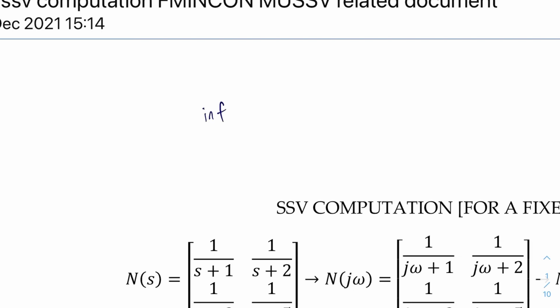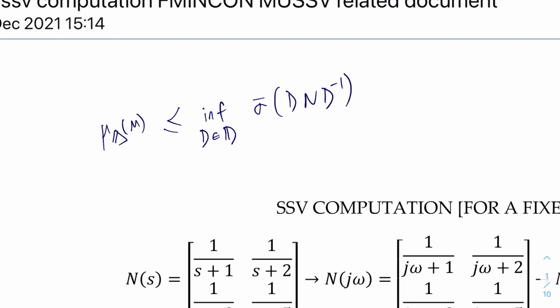Infimum over D in a given set D of D times N times D inverse, and this value is an upper bound of the structured singular value. I wrote M, but it's N, and there can be some confusion in the coming moments.